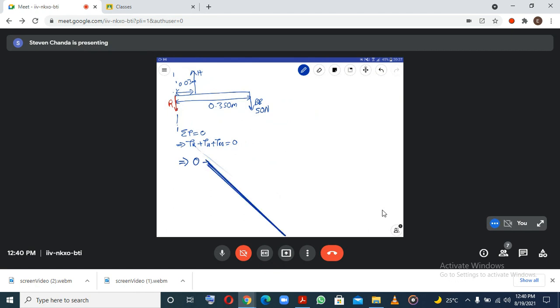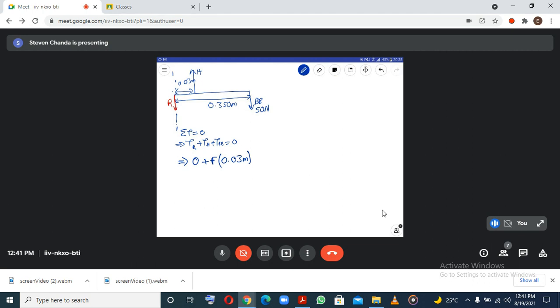Now let's look at our biceps. What torque is it going to produce? Is it going to produce a positive one? Yes, because it's going to raise the arm counterclockwise, right? So we have the force there and the distance they've given us, 0.03 meters.